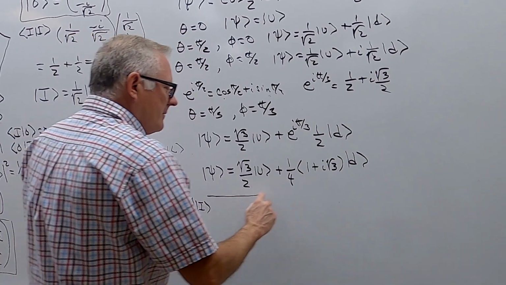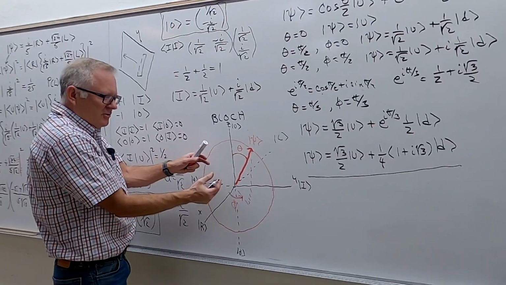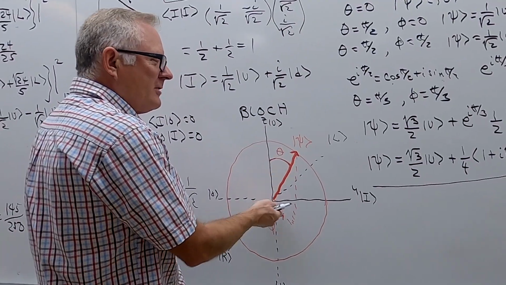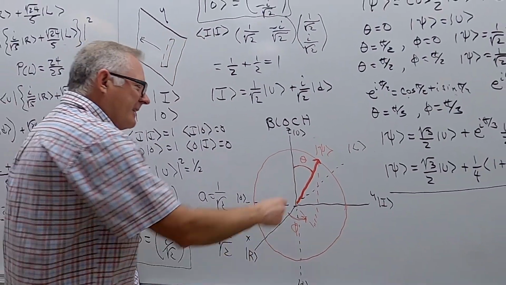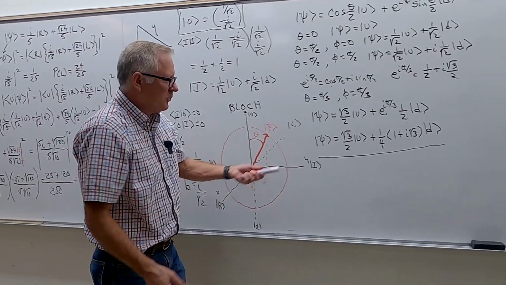So if I wanted to make that state, I could just put my sensor there and then put my electron there, and if I get a +1, that's what I want. If I got the -1, it would have been pointing in the other direction. But I'll just pick the one that had a +1 on it.